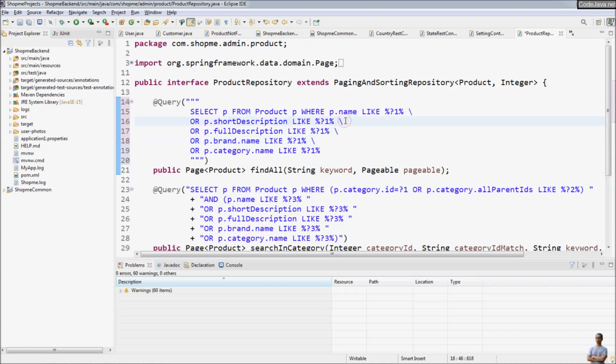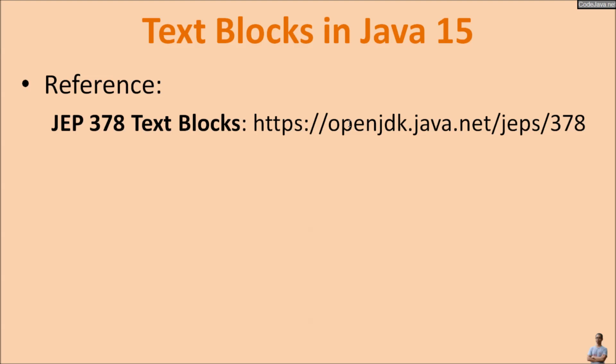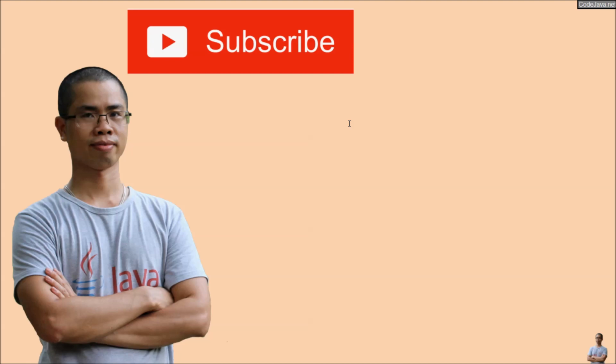For example, if we want to keep a space at the end of the line here, you need to use the backslash s escape sequence. For reference, I recommend you go to JDK Enhancement Proposal number 378, Text Blocks, at this URL to learn more details about the text blocks feature in Java 15.